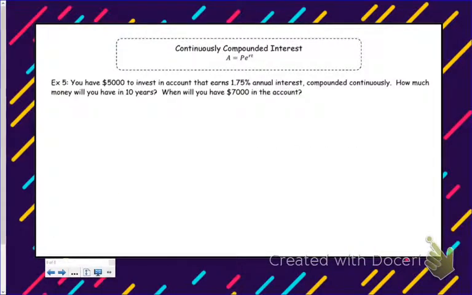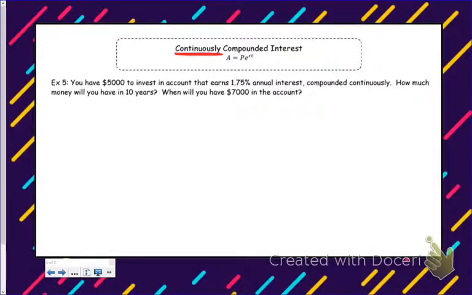All right, the last thing we're going to look at is a really important application. So we started compound interest last class, but this is a different type of compound interest. So we looked at interest that's compounded daily, weekly, monthly, however often, but this type of interest is if it's compounded continuously. So if you look back to that formula that we looked at for E, it actually looked pretty similar to your compound interest formula.